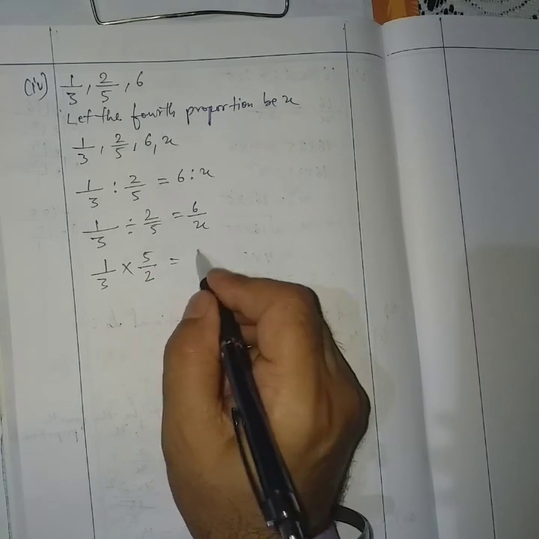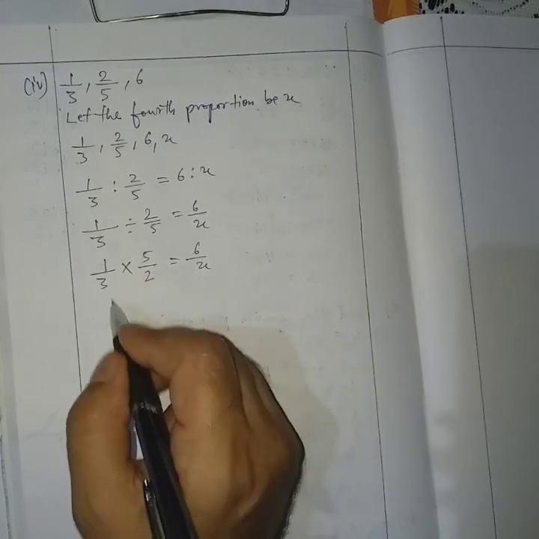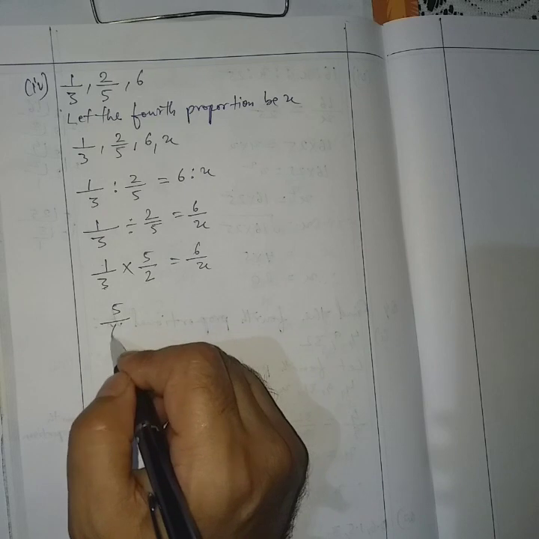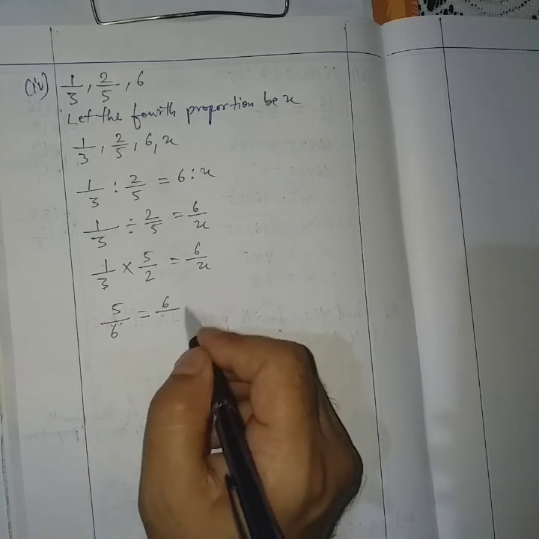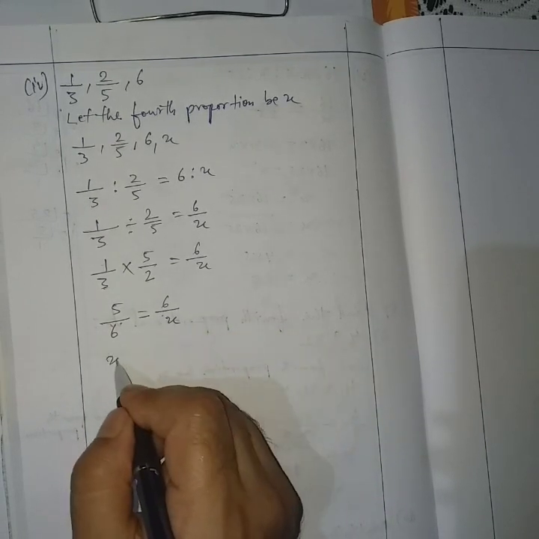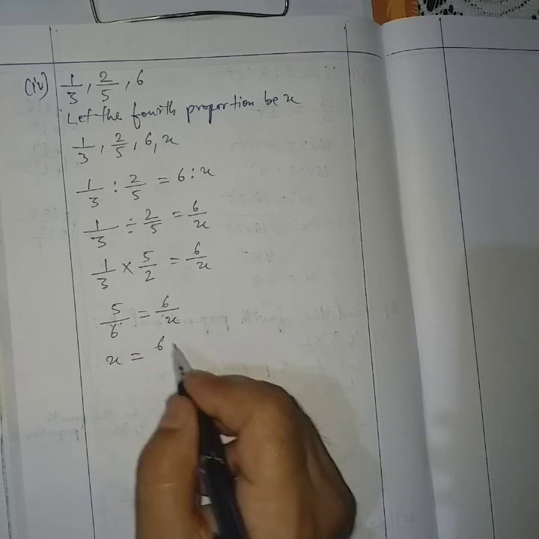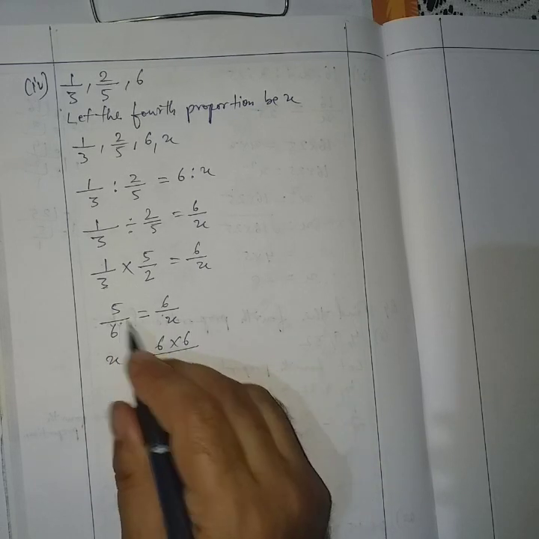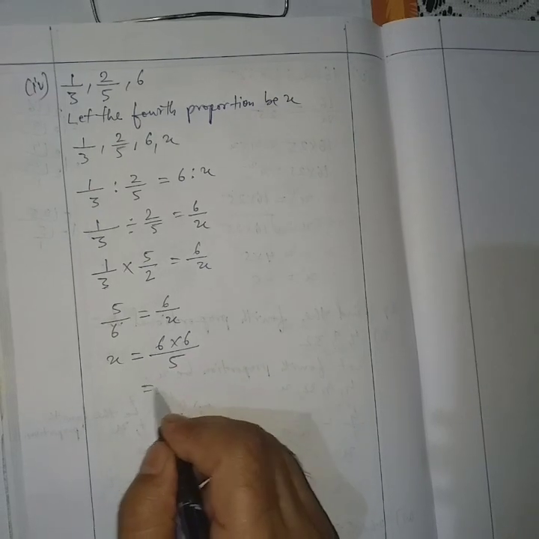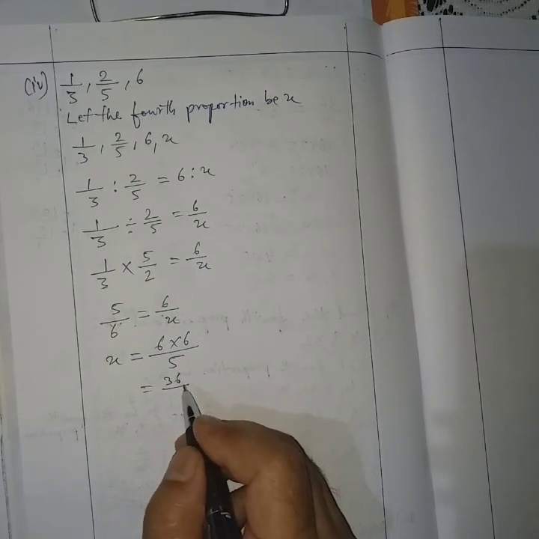Okay, so 5 ones are 5, 3 twos are 6, and 6 by x this side. Now x will remain here, this 6 and this 6 and this 5 here. So 36 by 5 we are getting.